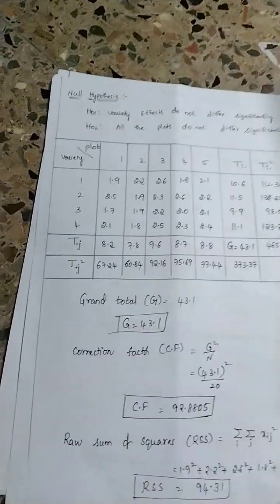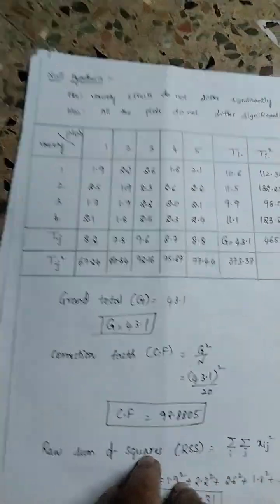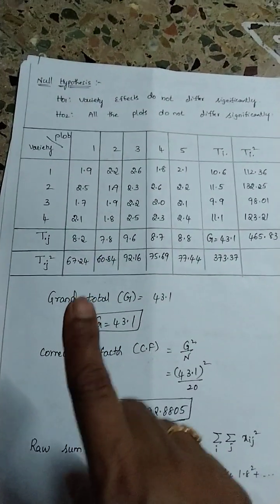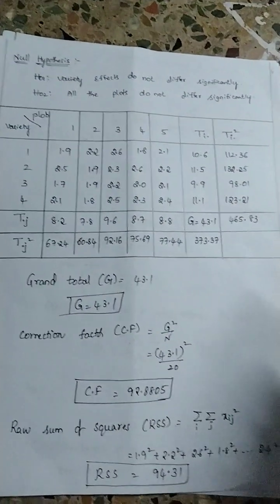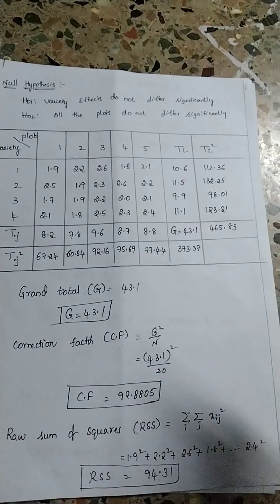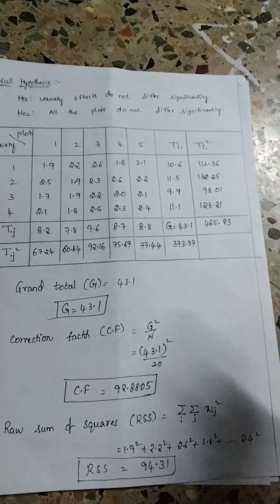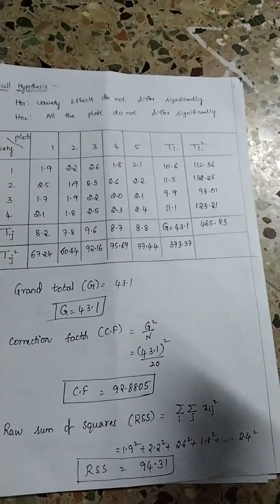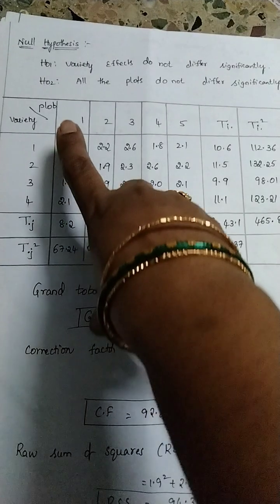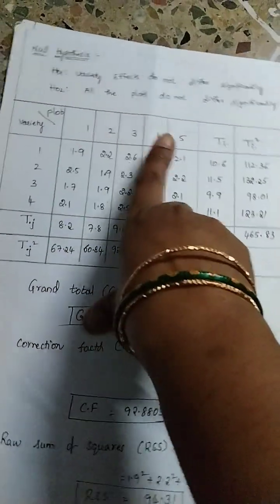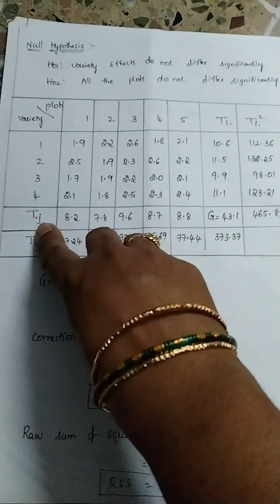Now we are going to calculate the totals. Whereas in one-way classification we only do the row-wise totals, in two-way analysis we are going to find out the K by H table, where they have already given 5 plots and 4 varieties.